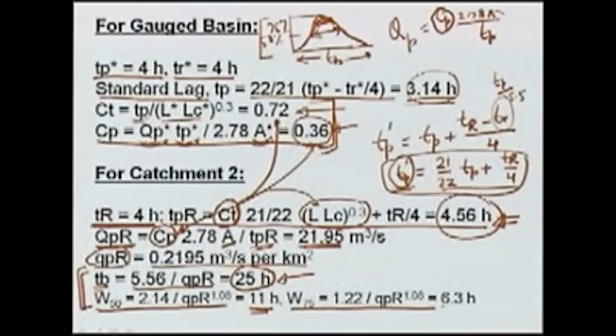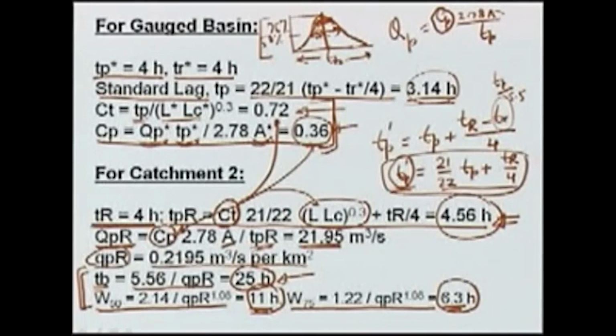W75 comes out to be 6.3 hours. It has also been proposed that 1/3 of this should be before the peak and 2/3 after the peak. So, out of these 11 hours, 1/3 should go before the peak and 2/3 after the peak, and similarly for W75.